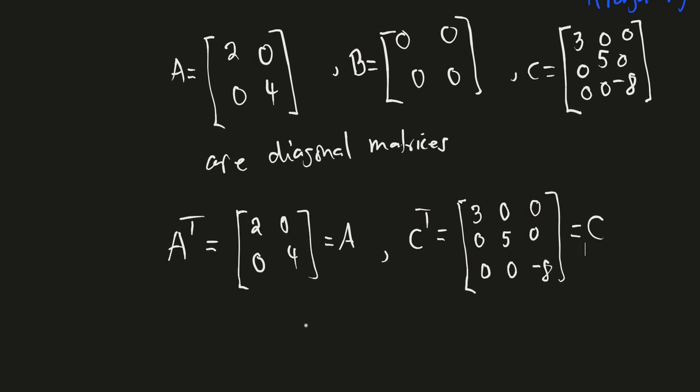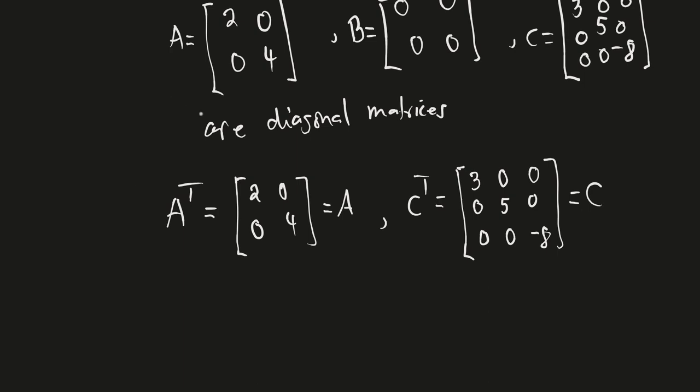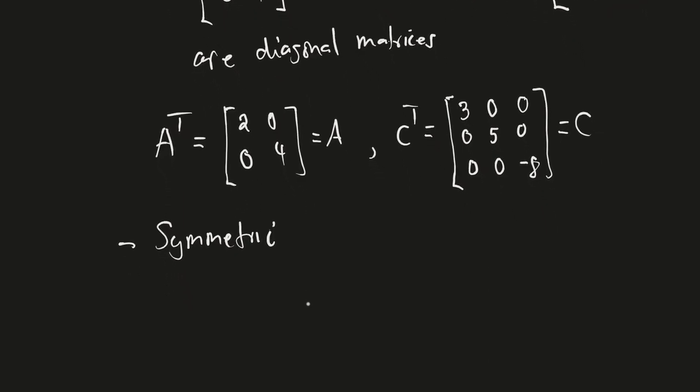So that's another type. I wanted you to see this particular property. It always works for diagonal matrices, but it works for other special types as well. So the next type that I want to mention is symmetric matrices, and this is the definition.